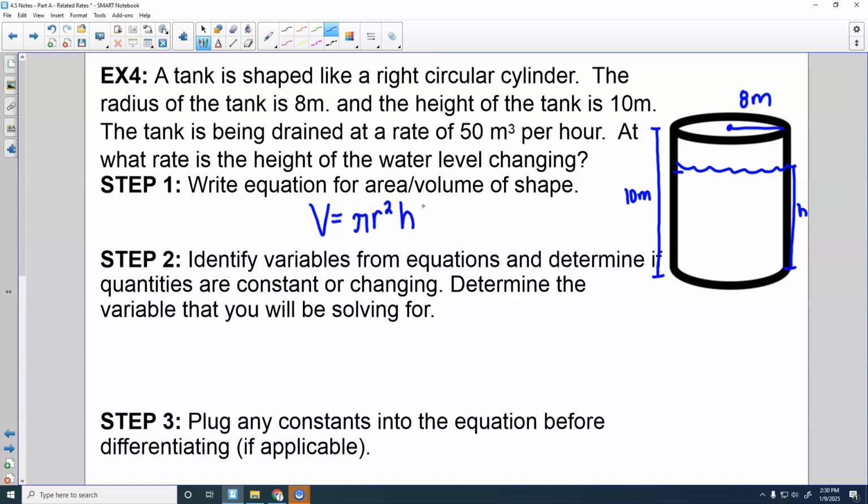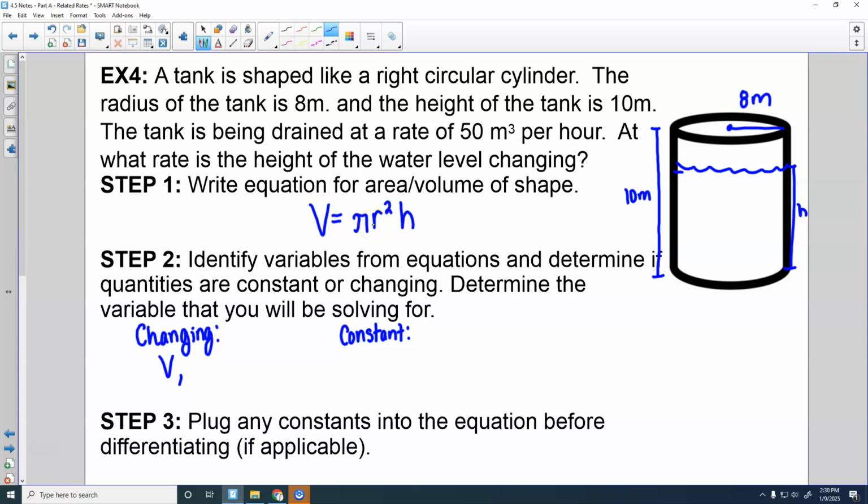In this case, we got to think about variables that are changing or constant. Actually, I'm going to go ahead and do changing and constant here. So I'm going to walk through the variables in the problem first. Volume. Is our volume of the water in the tank changing? Yes. So volume is changing. Pi is a constant. We don't use it.